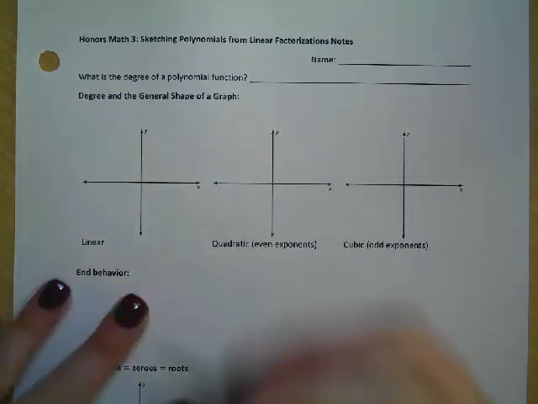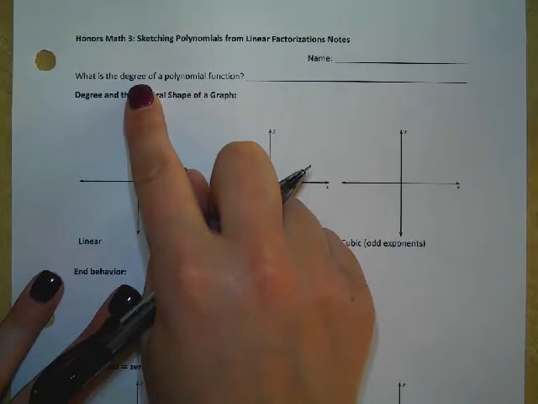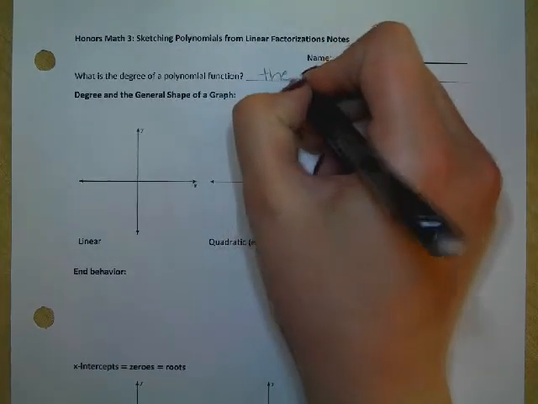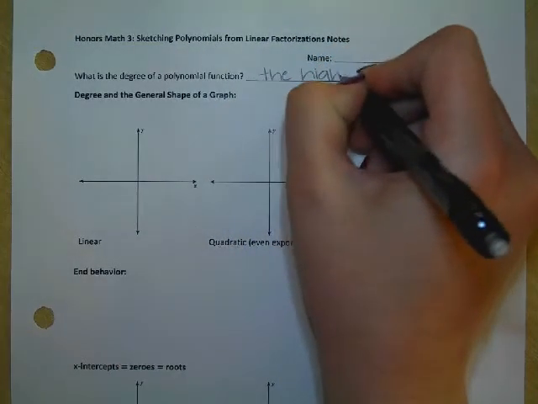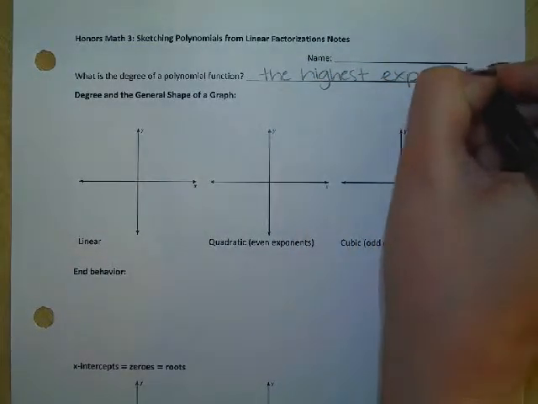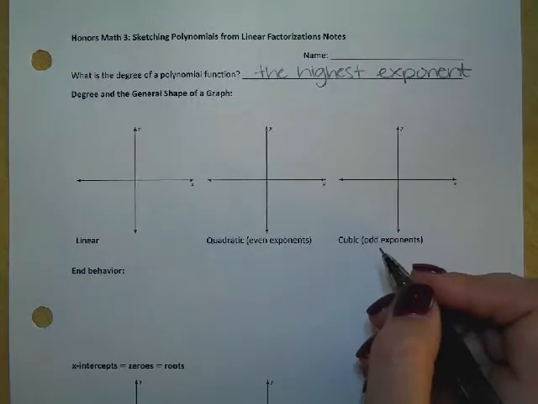Okay. So the first thing we need to know to do today's assignment is we need to know what the degree of a polynomial function is, and the degree of a polynomial function is the highest exponent.